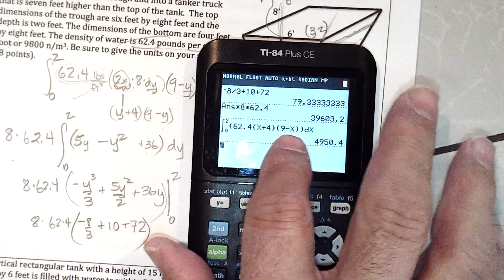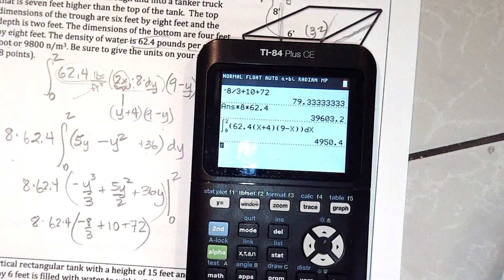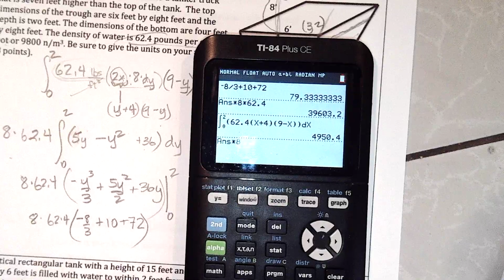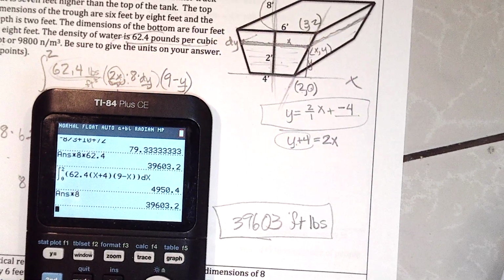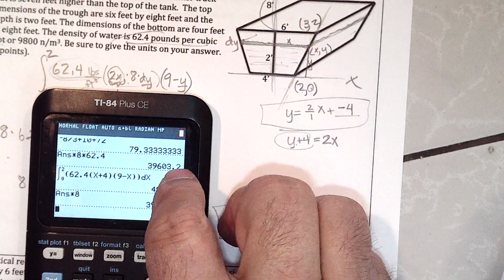Oh, I missed the 8 in here, times 8. And there's the same answer that we had up there.